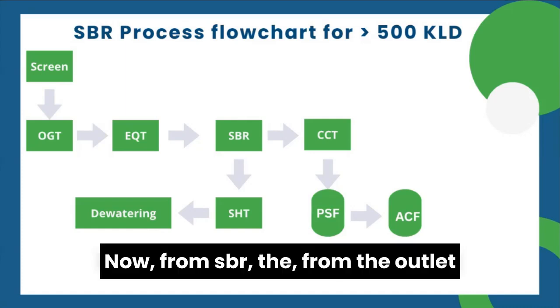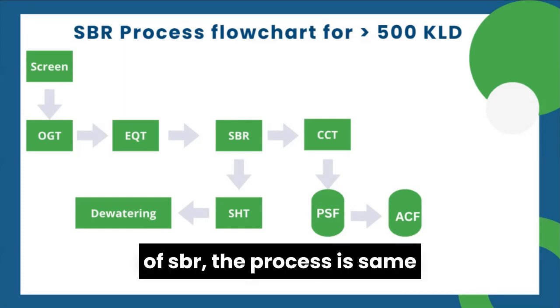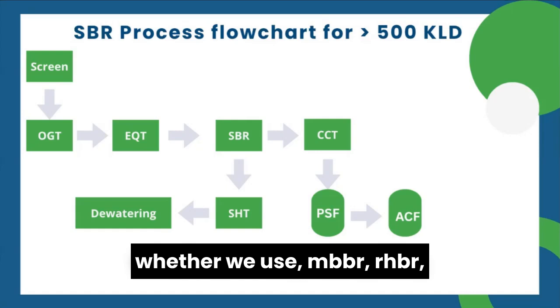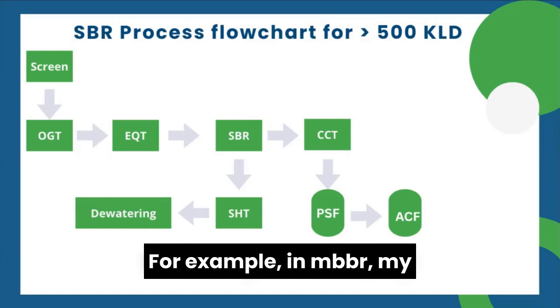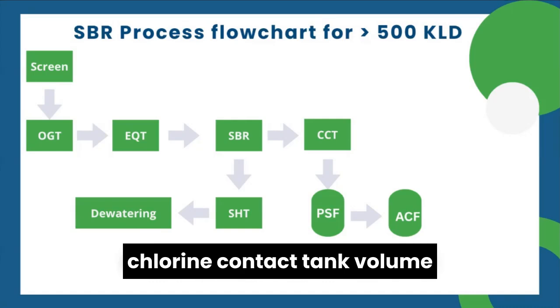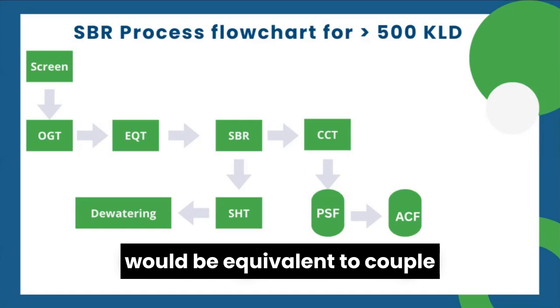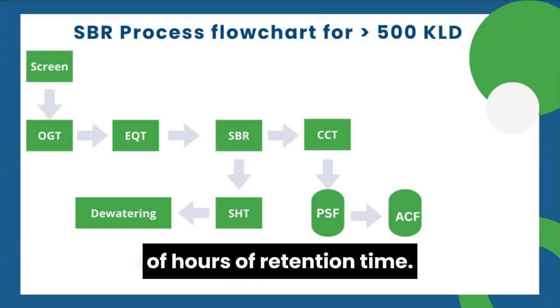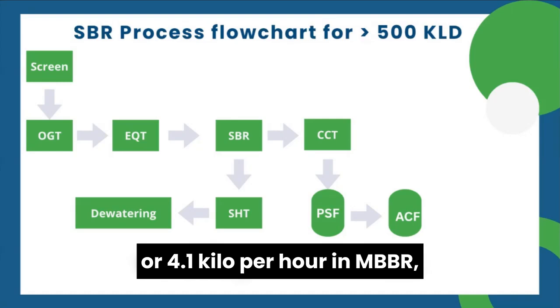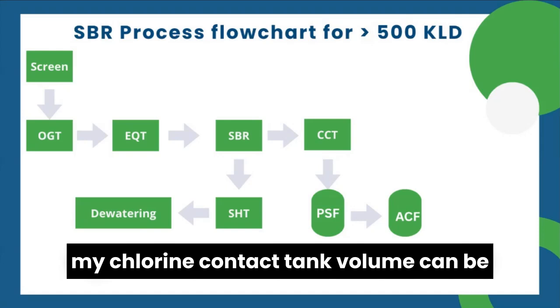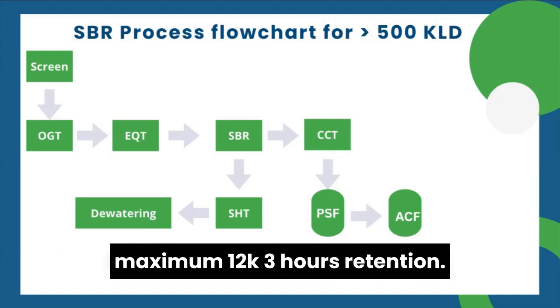Now from the outlet of SBR, the process is the same whether we use MBBR or SBR, with some small differences. For example, in MBBR, my chlorine contact tank volume would be equivalent to a couple of hours of retention time. That means if I am treating 4 kl or 4.1 kl per hour in MBBR, my chlorine contact tank volume can be maximum 12 kl, 3 hours retention.